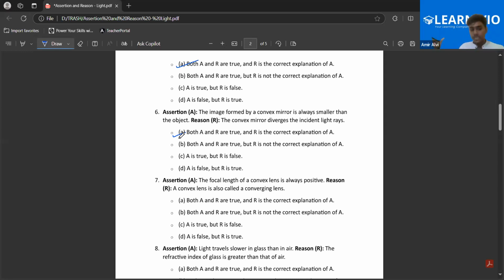If you want a wider view, the object should be small in the image. That's why the convex mirror diverges the incident rays, and we are able to see a larger area, with the images smaller than the actual objects. Clear? That is the correct explanation. So both A and R are true, and R is the correct explanation.